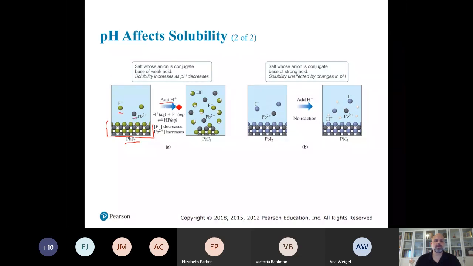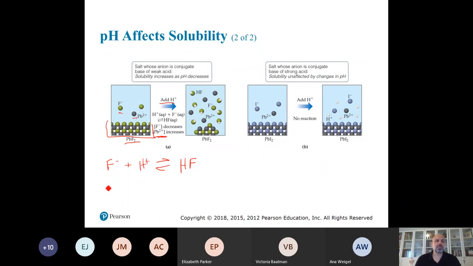If we add an acid to this solution, the F minus that's in solution is going to react with the proton that you add, in an equilibrium fashion, to give you HF, right?